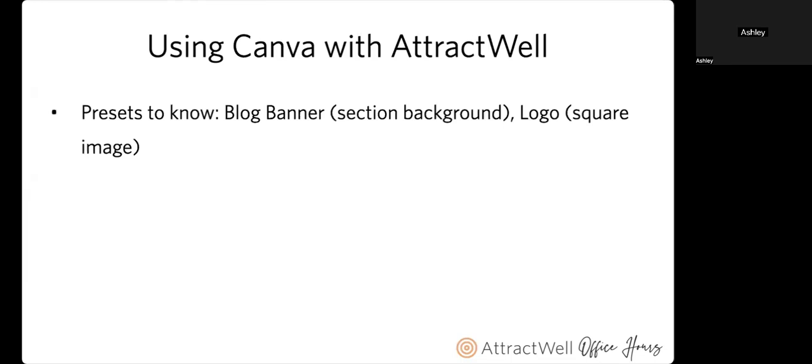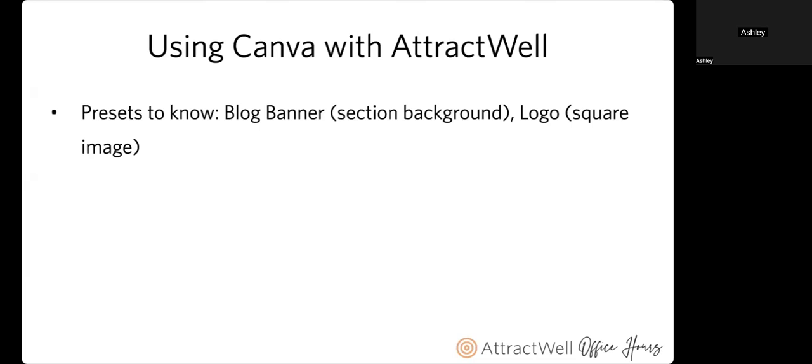This works in regular Canva in your browser or the app, or in AttractWell if you are using the AttractWell with Canva button, right? Blog banner is one preset that you 100% need to remember, because it is the easiest way to create a large, well-proportioned image to go in a section background.